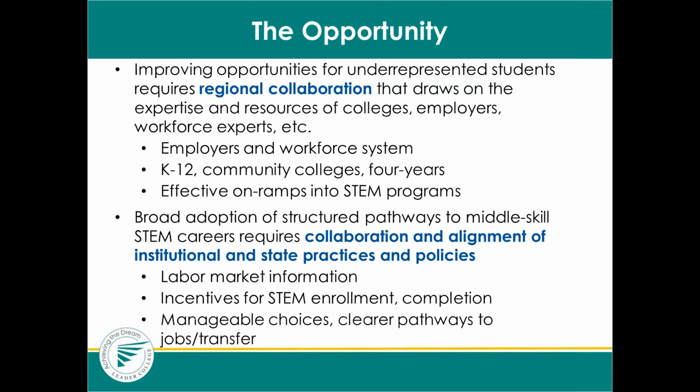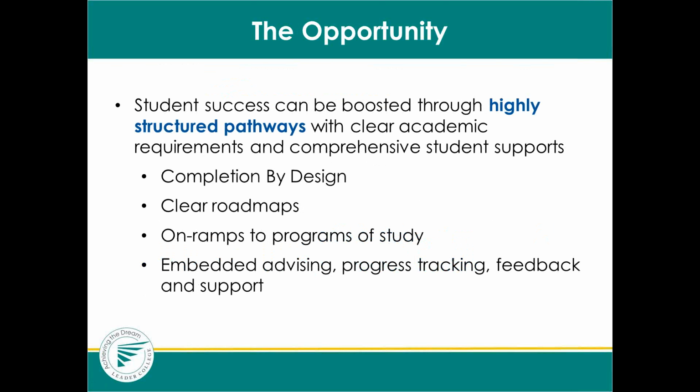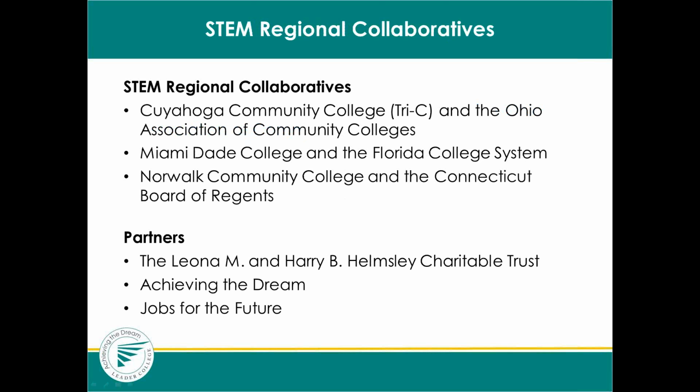And so, as Mary said, I'll talk just a bit, in a little bit more detail, about what this looked like on the ground. So the planning grant for the first year was building regional STEM collaboratives on the ground in 3 states. The states were Ohio, Florida, and Connecticut. The colleges that participated were Norwalk Community College in Connecticut, Tri-C in Ohio, and Miami-Dade in Florida.